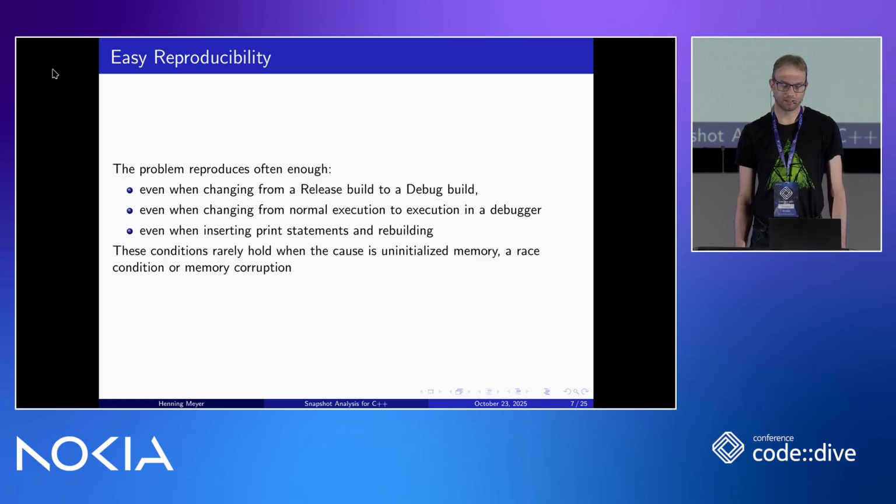And the hardest problems are those where all you have is a core dump and you need to analyze a memory leak, or you need to analyze memory corruption where you only see the symptom of a corrupted data structure and you need to reverse the chain to get to the cause.